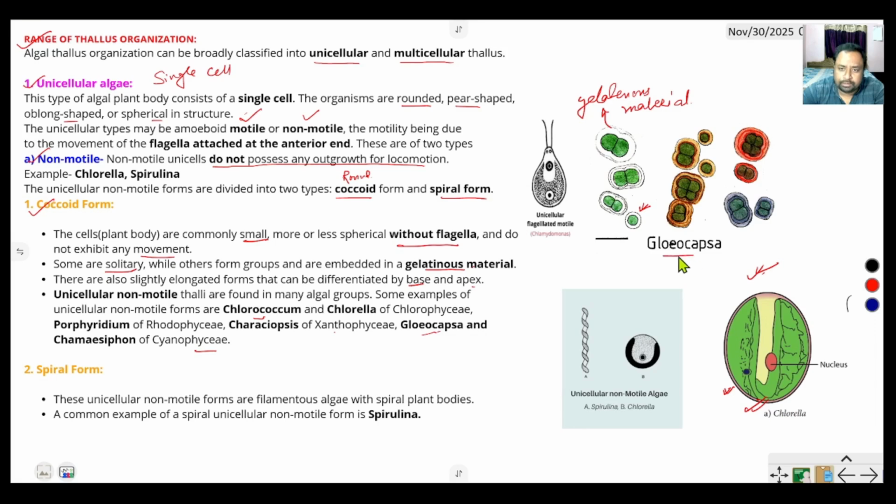This is Gloeocapsa. When gelatinous material is formed during unfavorable conditions, the cells form a gelatinous sheath around themselves. Then the spiral form is the spiral structure found in Spirulina.